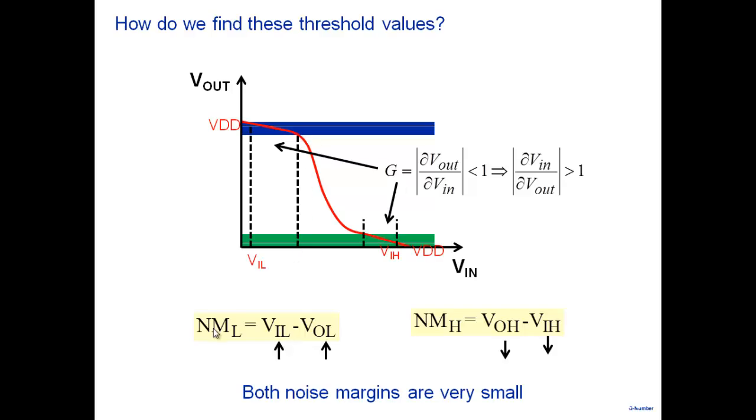And what happens to the noise margin? Increases. Because you are in a region which is gain less than 1, or del V in by del V out is greater than 1. So any small change in V out results in a large change in V in. So yes, you increased VOL, but VIL increased even more. And noise margin increased.